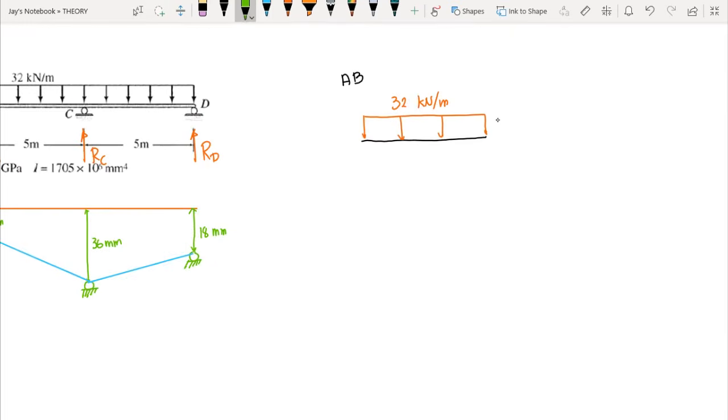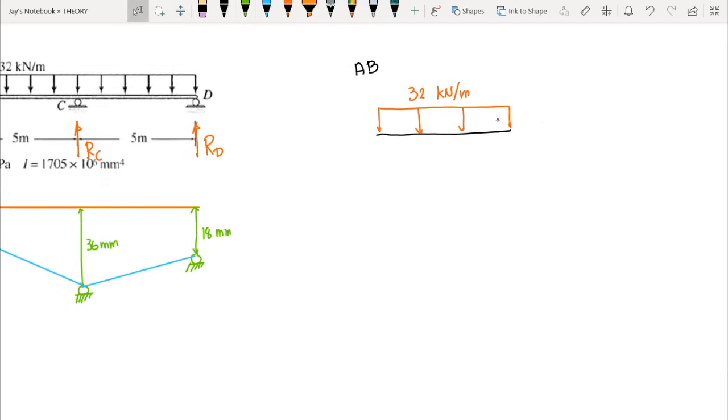The free body diagram of AB would show us the reaction A and the left side reaction of B, or RBL. It has a length of 5 meters. At point A, we have MAB.